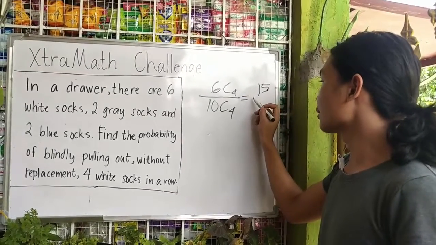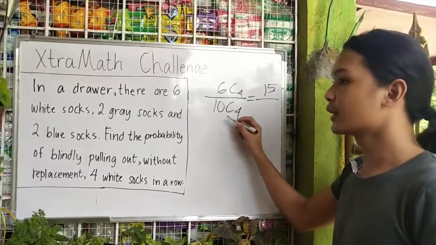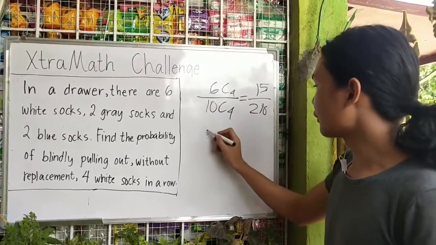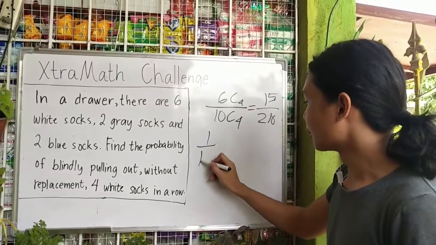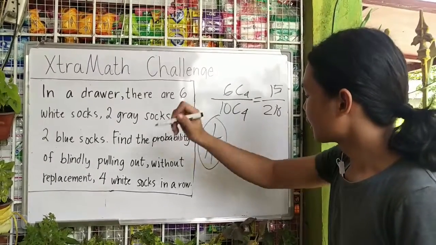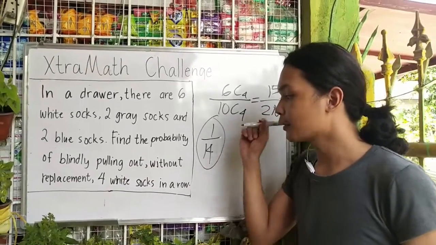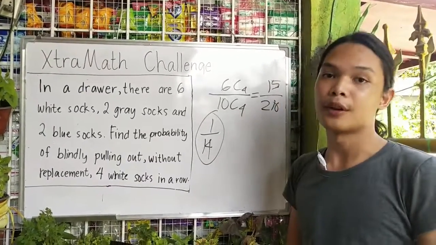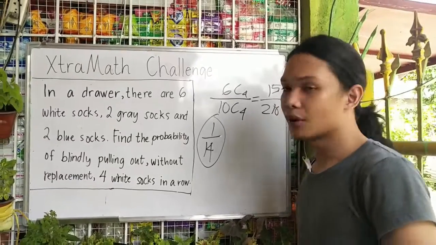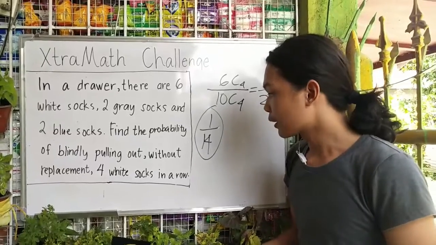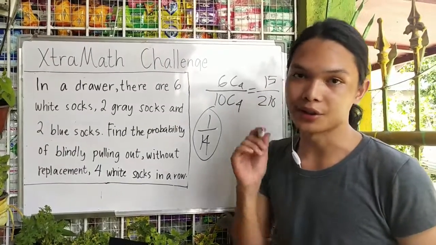So 6C4 is equal to 15, and 10C4 is equal to 210. By simplifying, we have the value of 1/14, which is the probability of blindly pulling out, without replacement, 4 white socks in a row. Even though we used different methods, we arrive at the same answer.